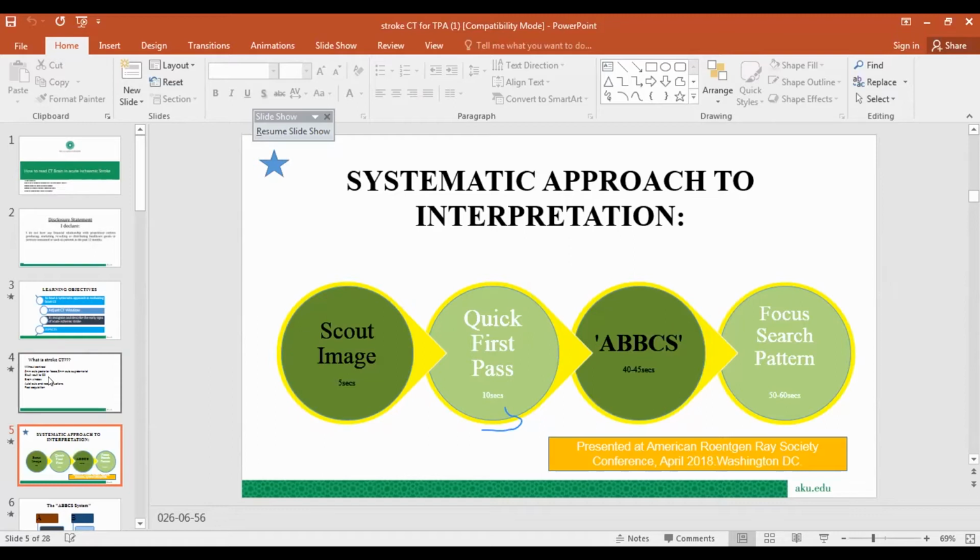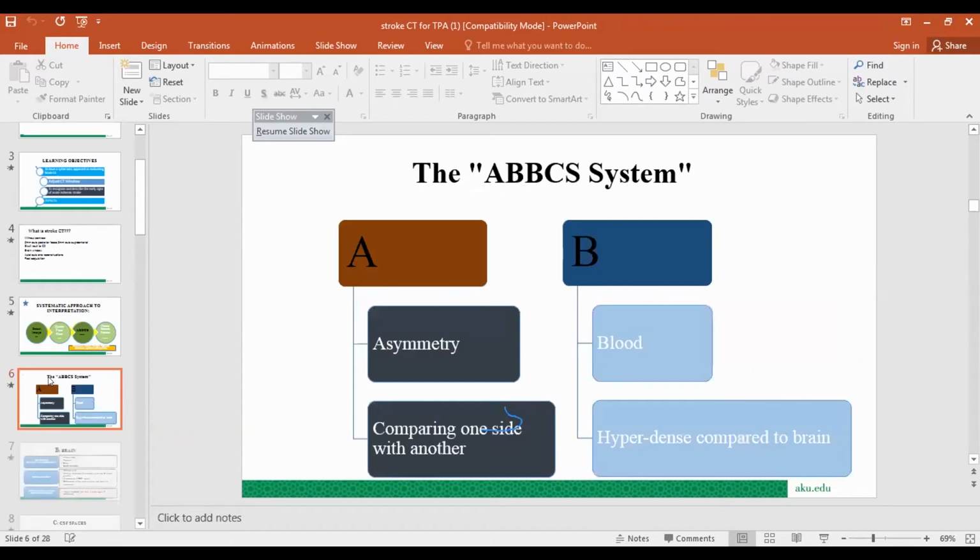You always see the scout image, which hardly takes 5 seconds, then just scroll from the skull vault to the skull base, which is known as the quick first pass, which hardly takes 10 seconds. Then the ABBCS system, which takes about 40 to 45 seconds. And then you have to focus your search pattern, which is in the MCA territory or the ACA or PCA territory, depending on the signs and symptoms, which takes about 50 to 60 seconds.